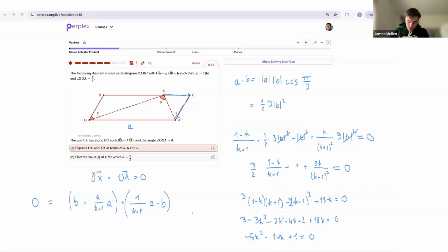Now, this is a quadratic that I can solve. All right, I'm going to rewrite it over here, make the leading term positive just because it makes me less likely to make a mistake, but you don't have to do this if you don't want to.